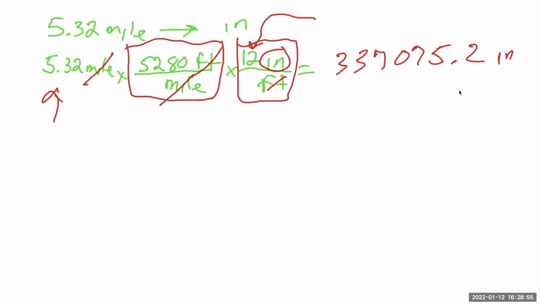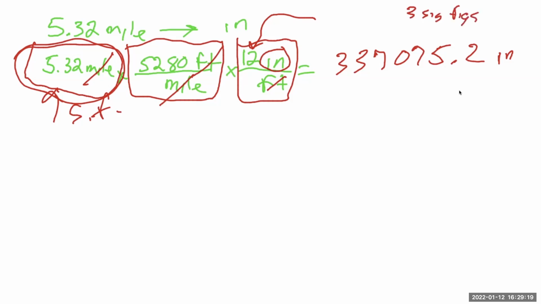Those are givens. Those are counting numbers. Does that make sense? Yes. Okay, so the only value we use for significant figures is the measured data that we started with, 5.32. And that one has 3 significant digits. So this answer here has to have 3 significant figures.